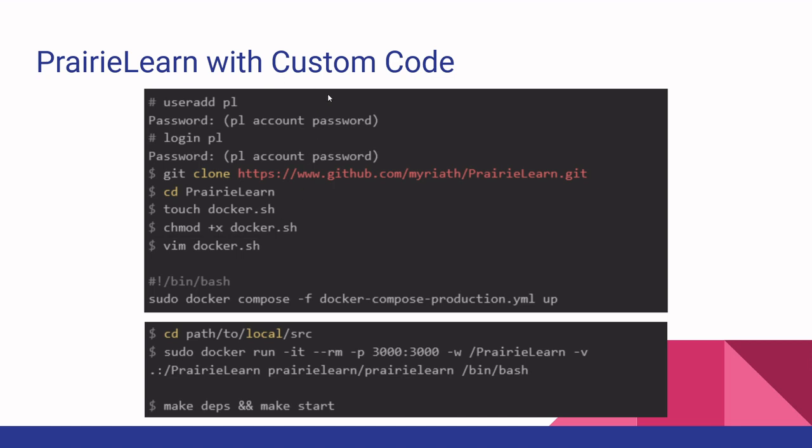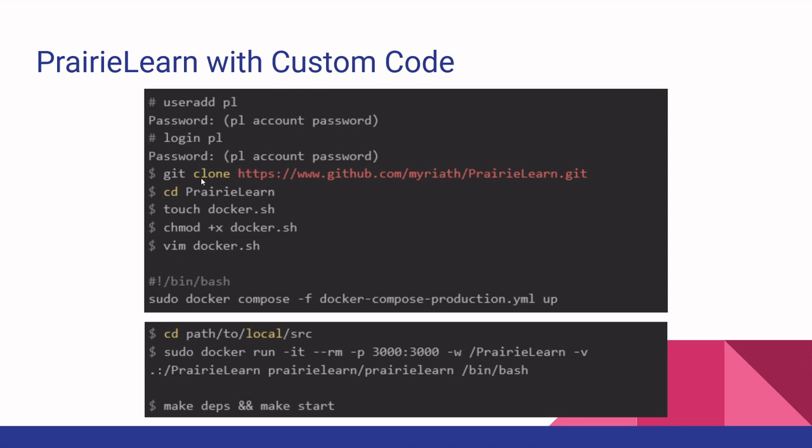So first, if you don't have PrairieLearn cloned, we ran this on our virtual machine that we got from Iowa State. We use a custom GitHub repo because we needed to add Okta, and standard PrairieLearn doesn't have that. So this is why the URL might be different than the official URL.